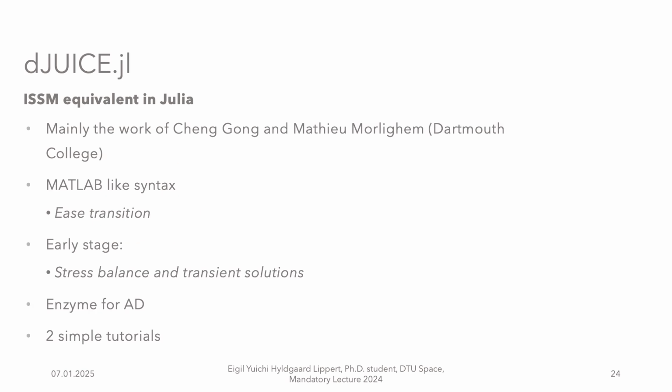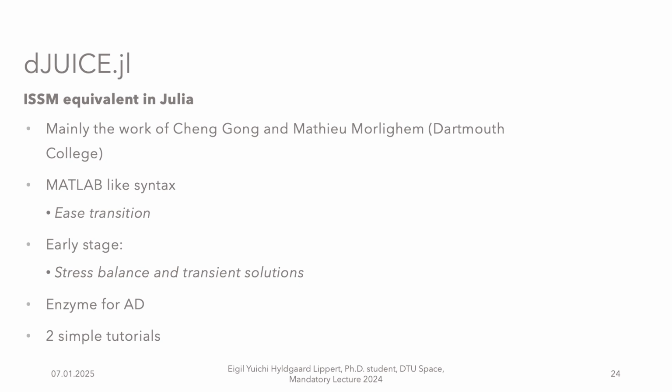So this work is mainly done so far by Cheng Gong and Matthew Mogliam at Dartmouth College. They have been working on porting the original source code to Julia, but it also means that it has a C++ or MATLAB-like syntax still. It's pretty one-to-one.